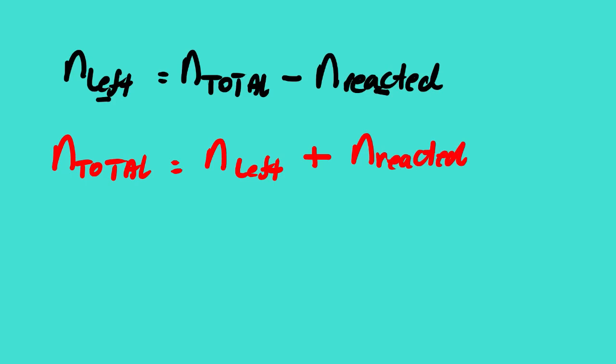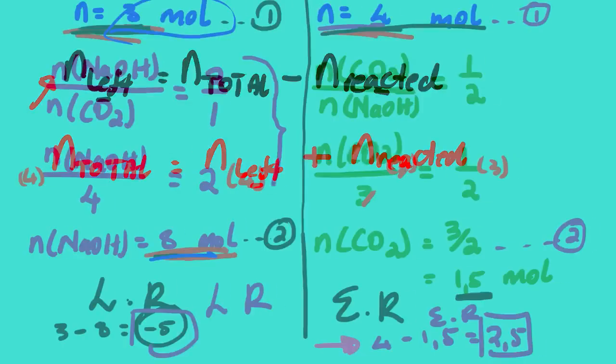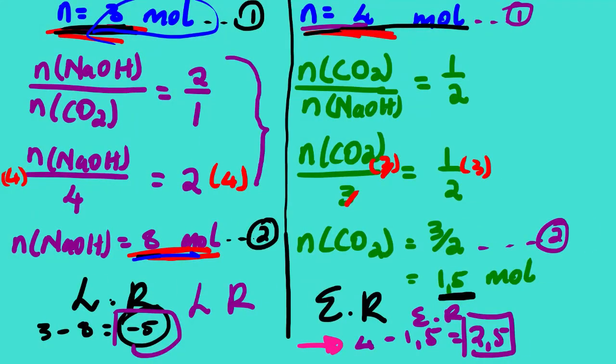Then making this the subject of the formula, we are going to have something like this. So if you can check our method here, this is the total number of moles, the one that we have, and then this is the number of moles reacted, meaning that if I take this minus this, I'm going to have our number of moles left.